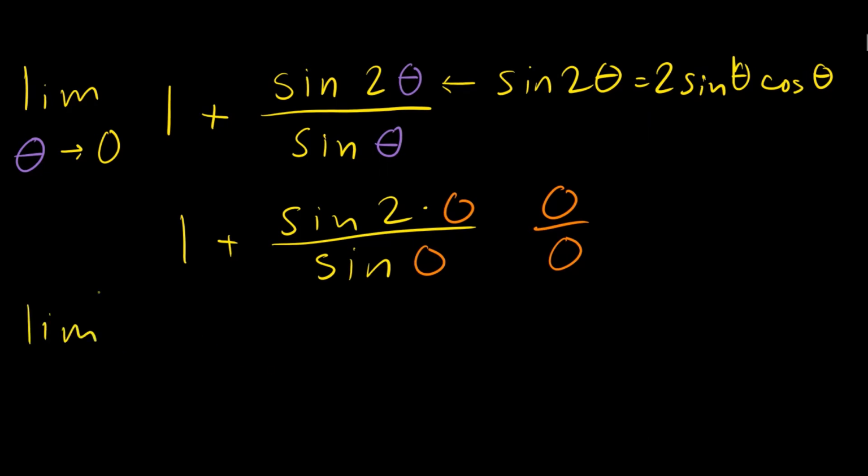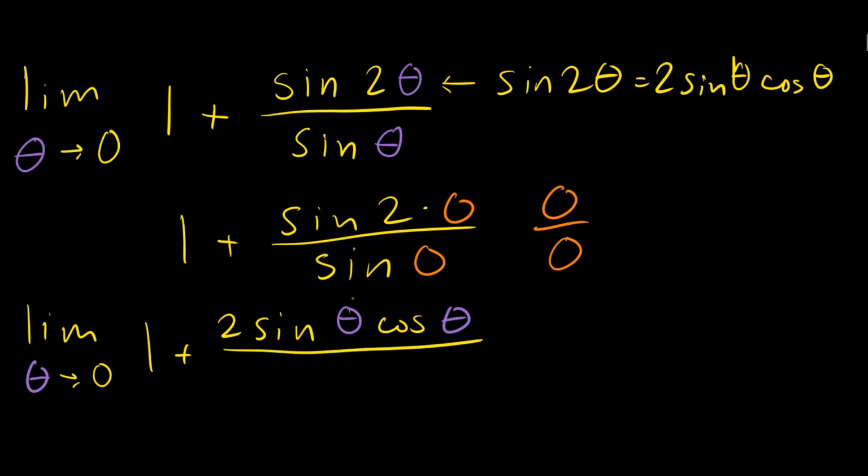We'll be left with the limit as theta approaches 0 of 1 plus 2 sine of theta times cosine of theta, and that entire term is divided by just a simple sine of theta.